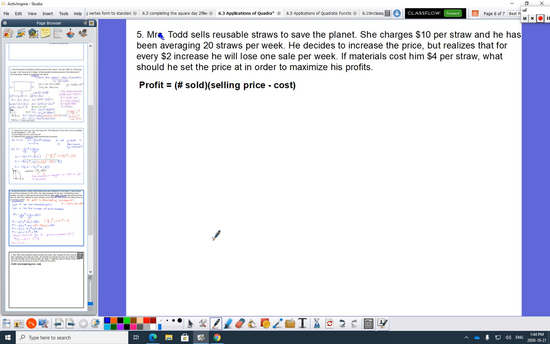So then P, we're going to use P for profit, and X will be the number of $2 price increases.